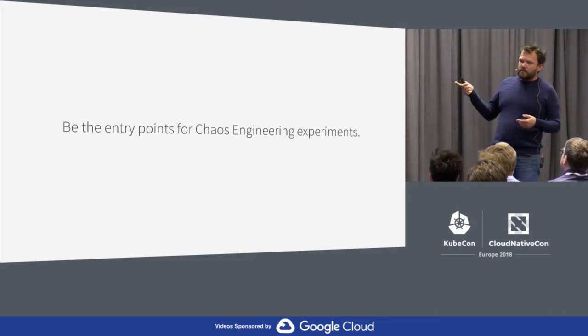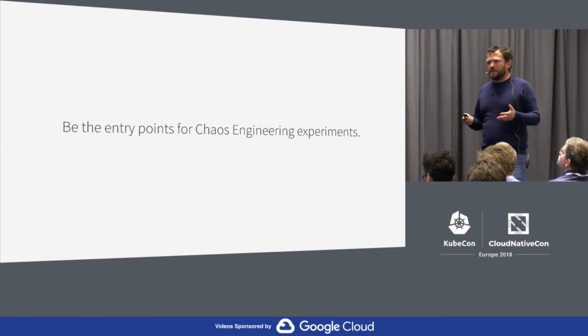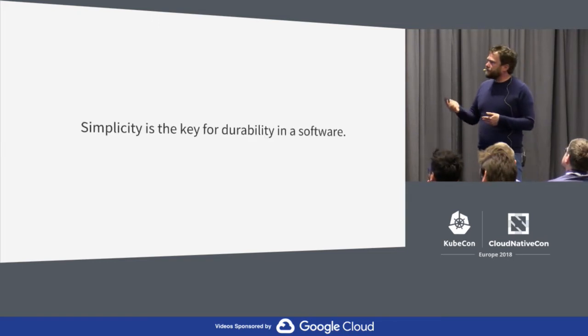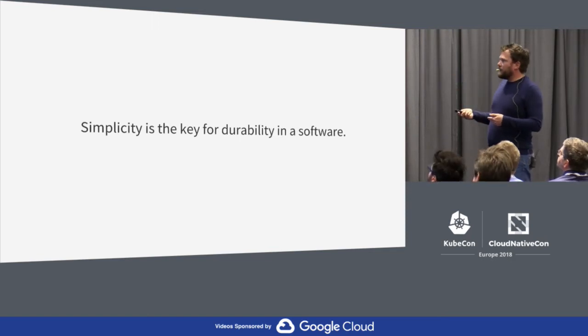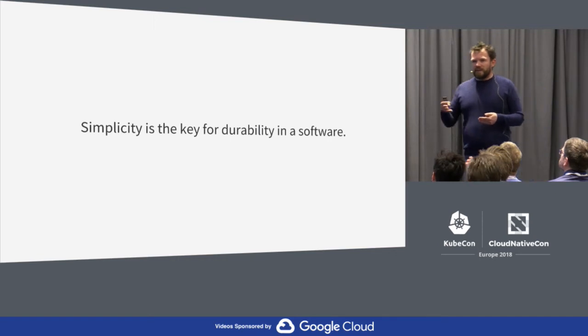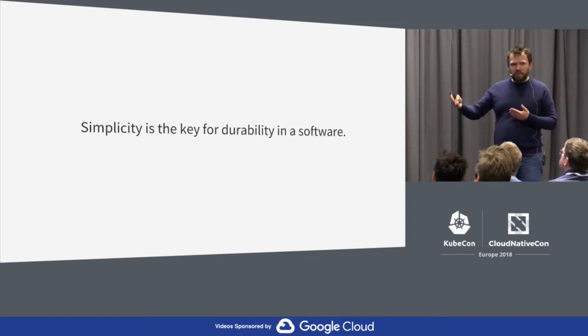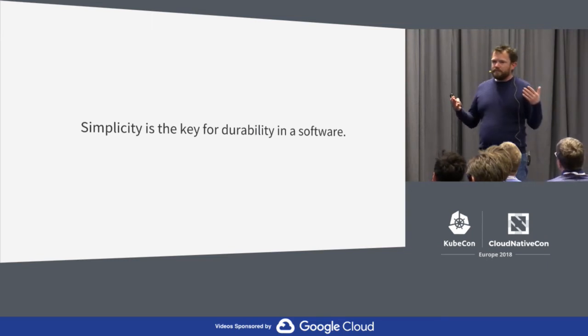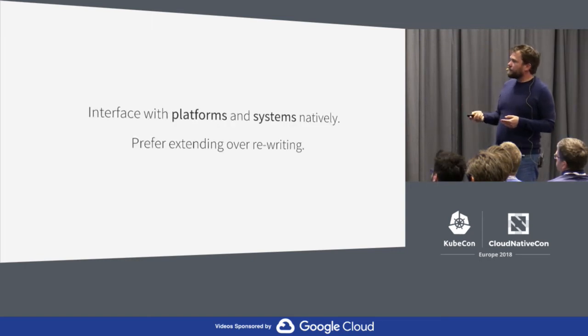Chaos Toolkit tries to be the opposite, to be as simple as you can, but still learn quickly from it. Simplicity is key for durability in software, in my opinion. If you're simple, then things can change fairly naturally. If you become complicated or complex, then your software is doomed to have many problems down the road.